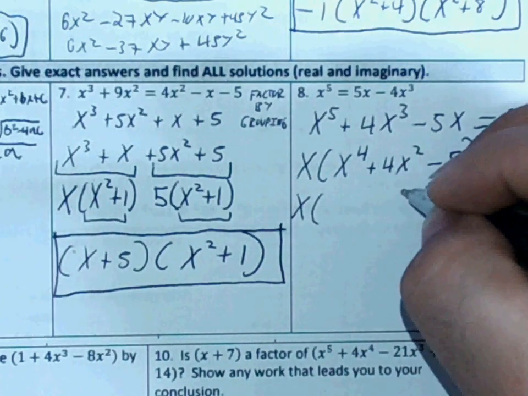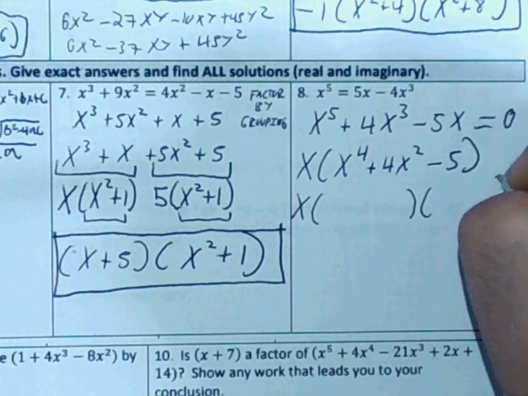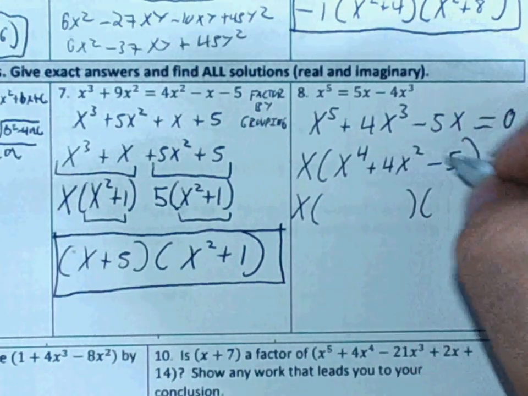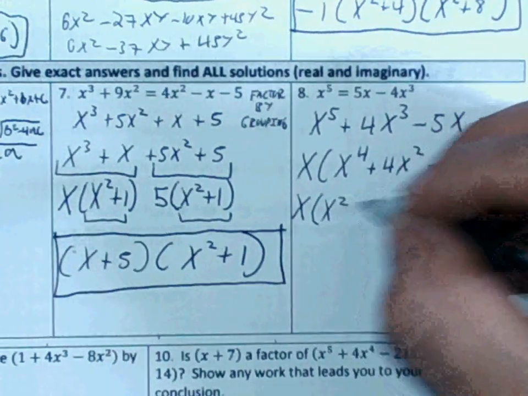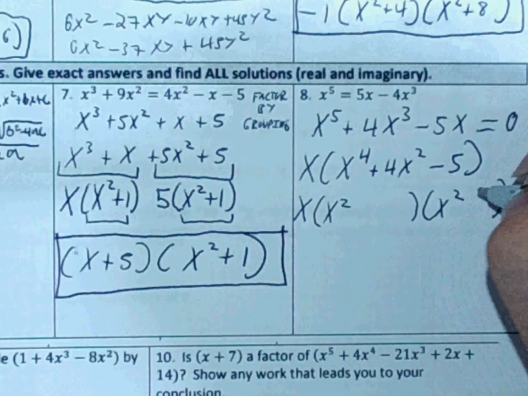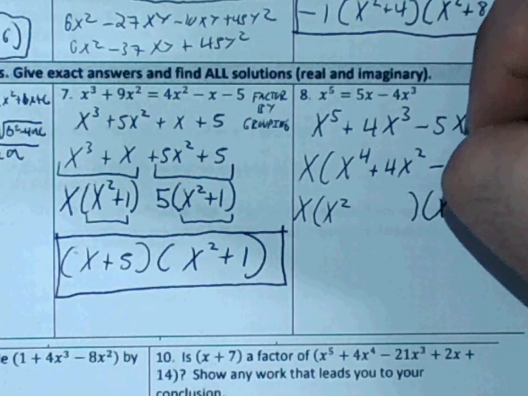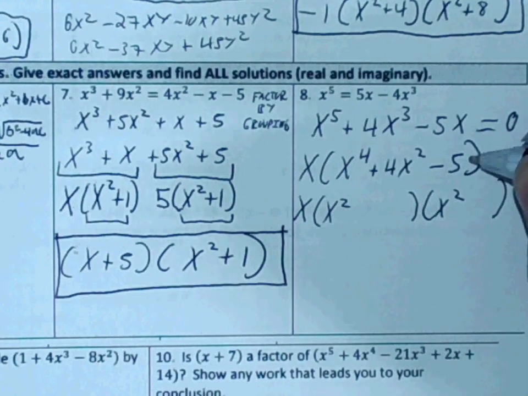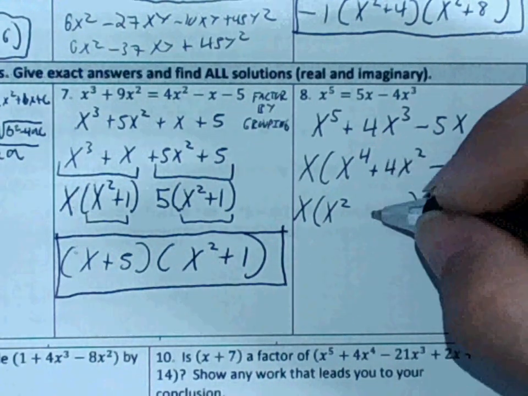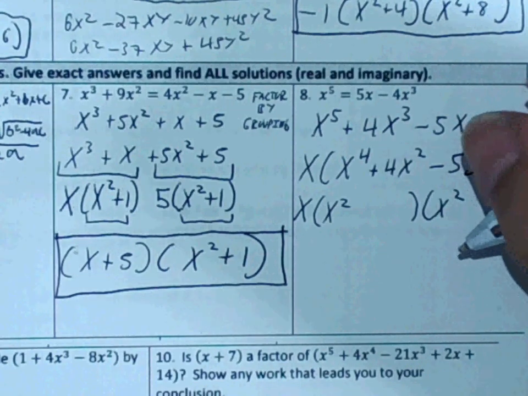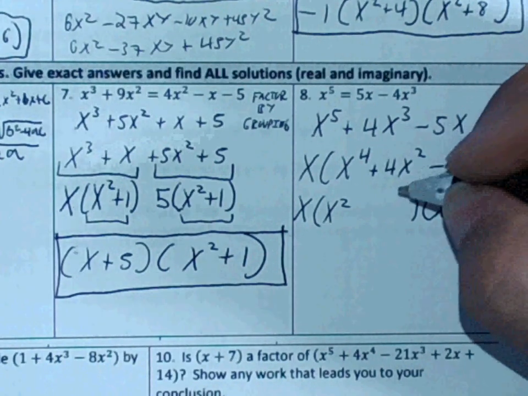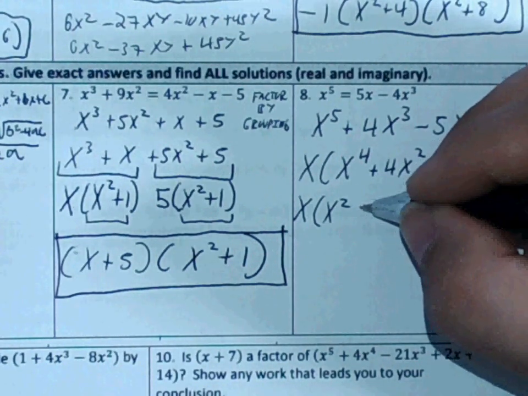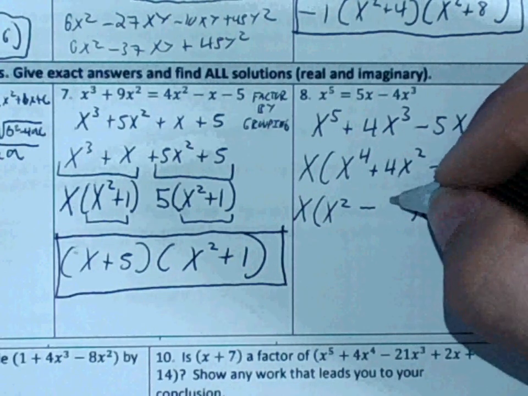The first two values are going to multiply to x to the 4th, so that's going to be x squared and x squared. And you need to find terms that multiply to negative 5 and add to 4. And those I don't know how to say, I just intuitively know that's going to be x squared minus 5.